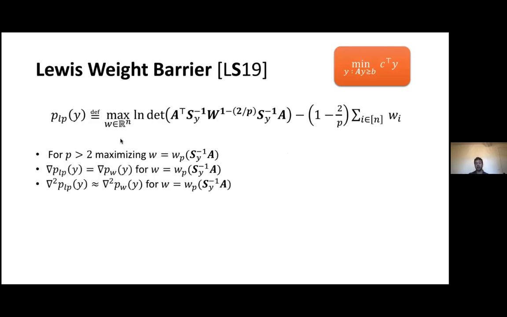And I claim the following. If you look at the gradient of this function, I claim the gradient of this is exactly the gradient of the log barrier, where the weights are the LP Lewis weights. So Daniel, this is to your question before. This function is not a weighted log barrier, but to first order, its gradient is the gradient of a weighted log barrier for just a particular choice of weights.